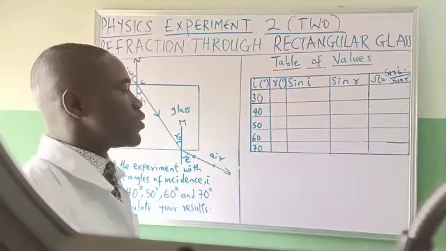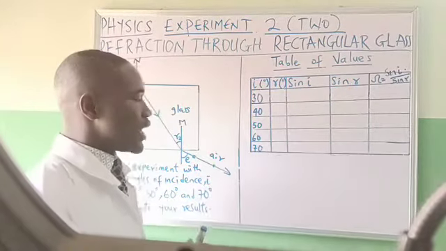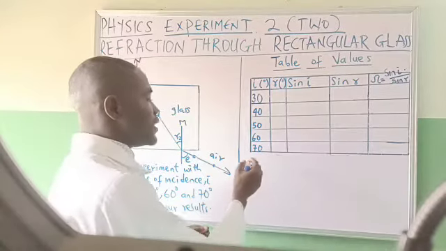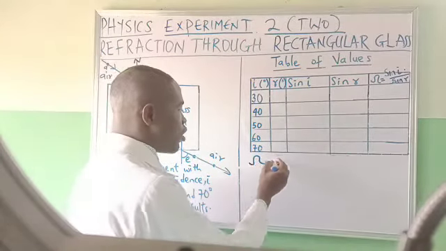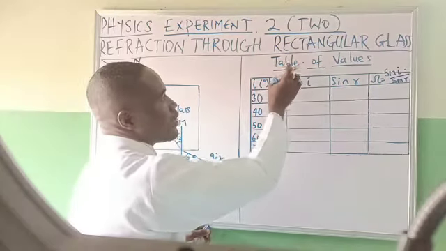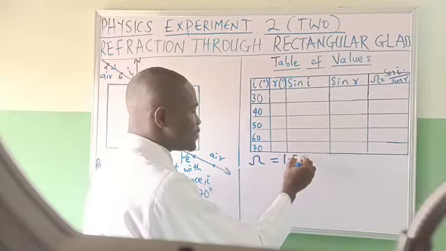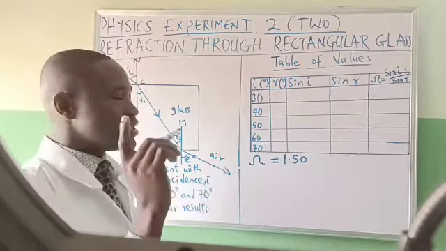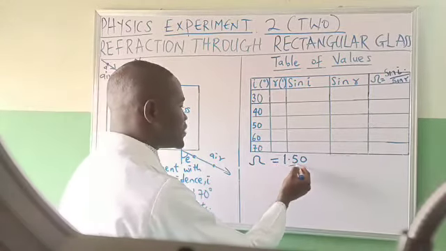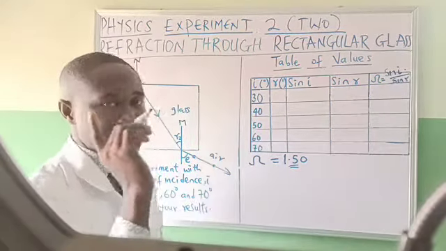To do so, we have to recall that the refractive index of a rectangular glass prism is approximately 1.50. This is the value for the refractive index of a rectangular glass prism.